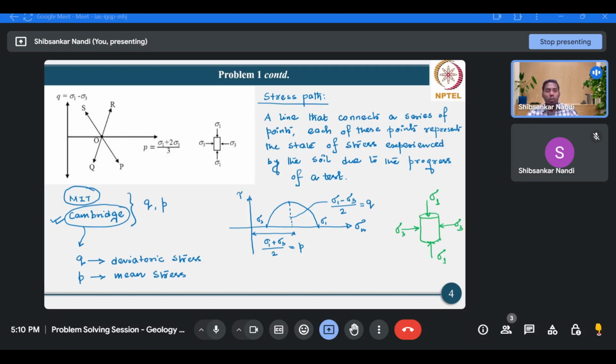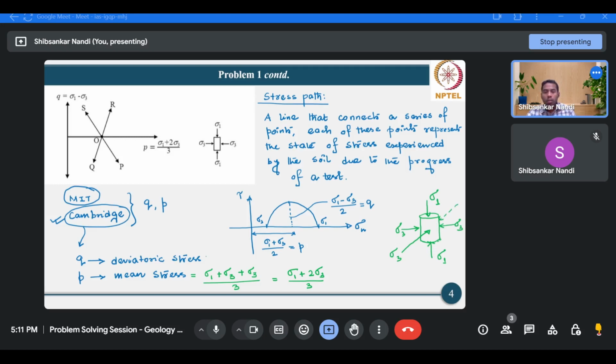All-round confining pressure means the lateral stresses are the same, sigma 3 only. Therefore the mean stress would be sigma 1 plus sigma 3 plus sigma 3 divided by 3, that means sigma 1 plus 2 sigma 3 by 3. In this way you get the confining stress.